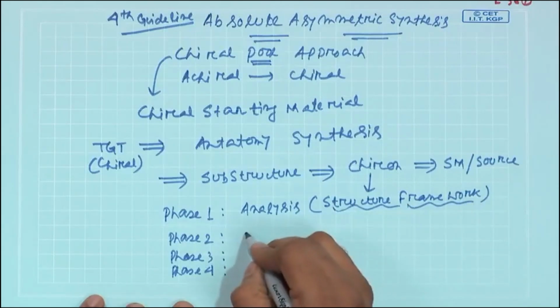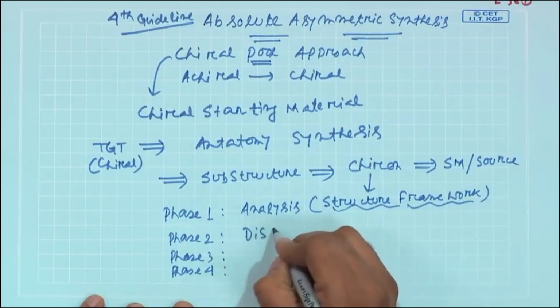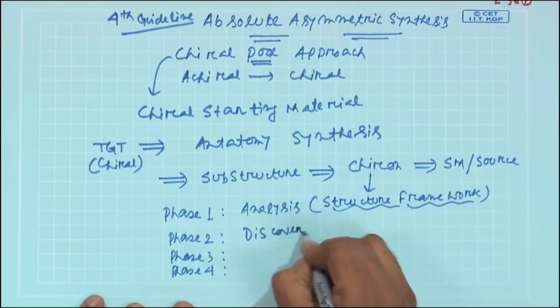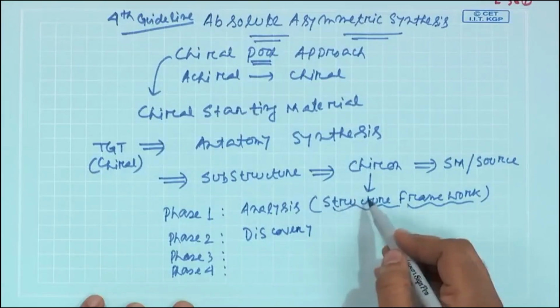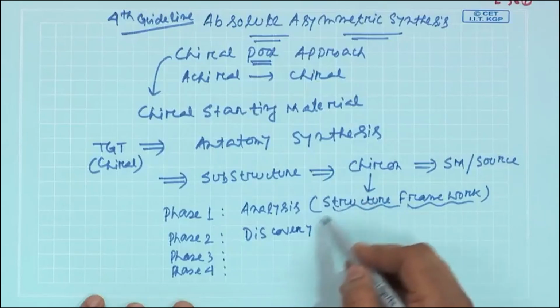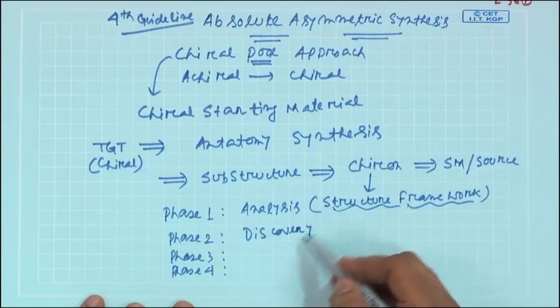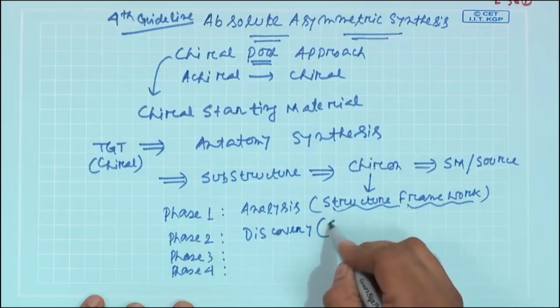Then you do the discovery part. Discovery means you know there are certain chiral pools available in nature, and you know the absolute stereocenters of those starting materials. So now try to correlate how this target structure can be correlated with this starting material. This is basically your discovery part.